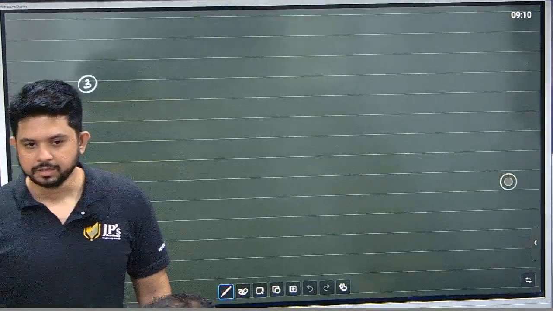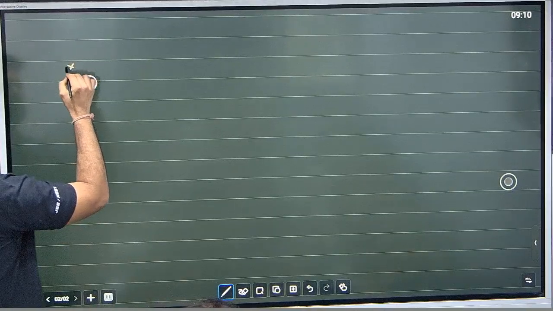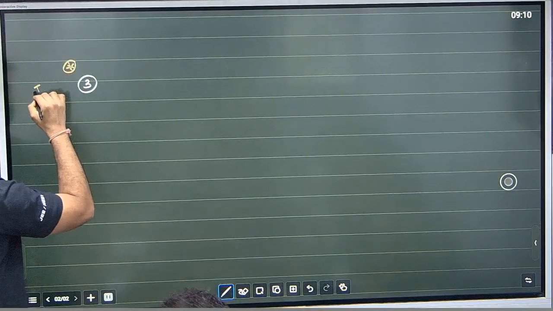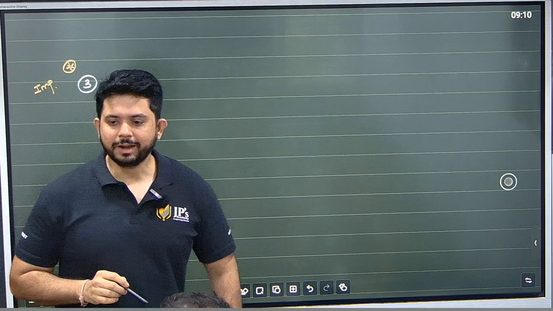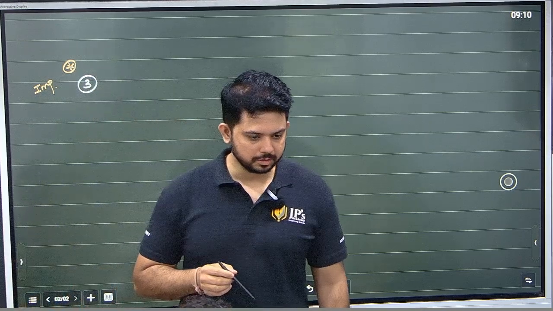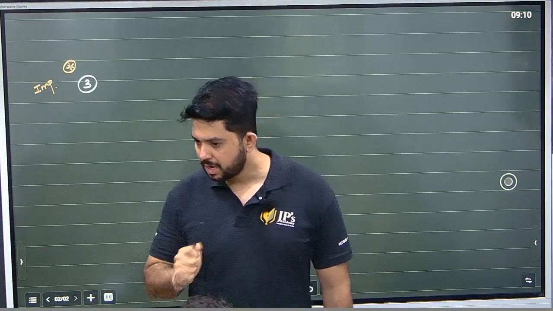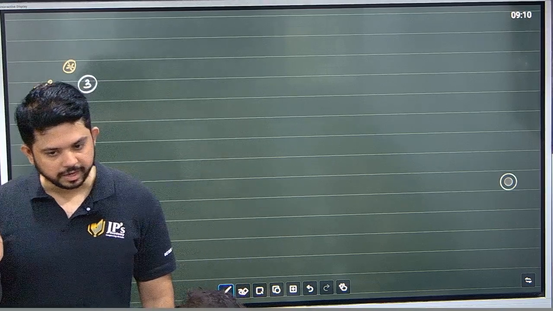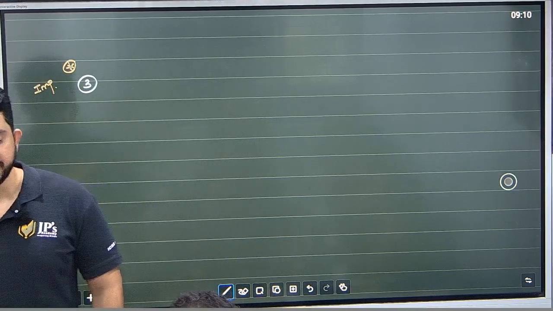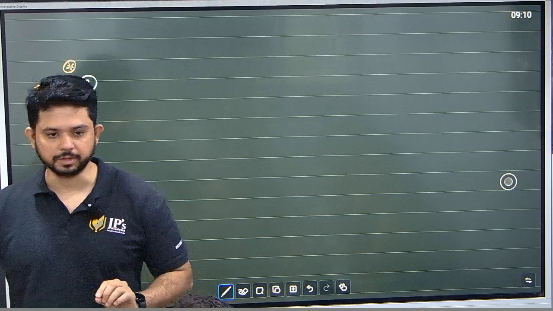Okay, now the third postulate. Going back to the limitations of Rutherford's model, the limitation said that whenever a charged particle moves around another charged particle, it will lose energy in the form of radiation. That was a limitation जो Rutherford को बोला था.